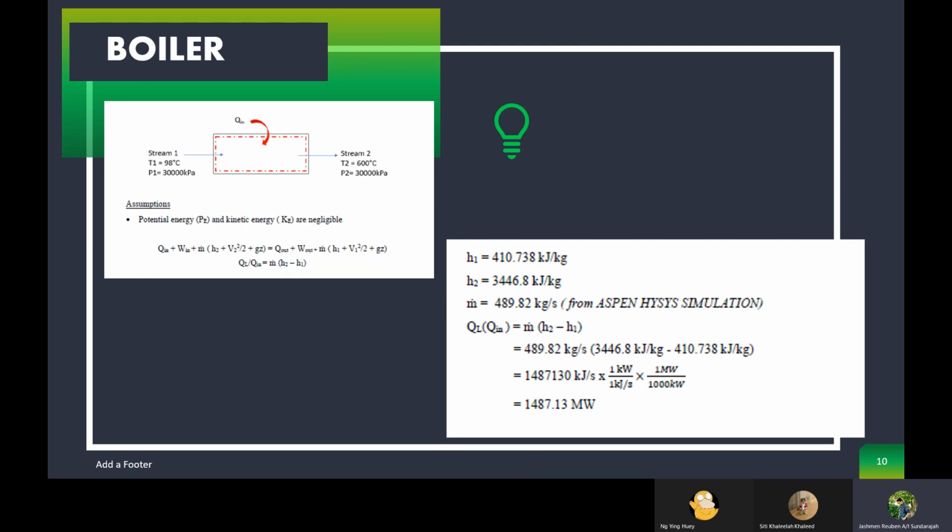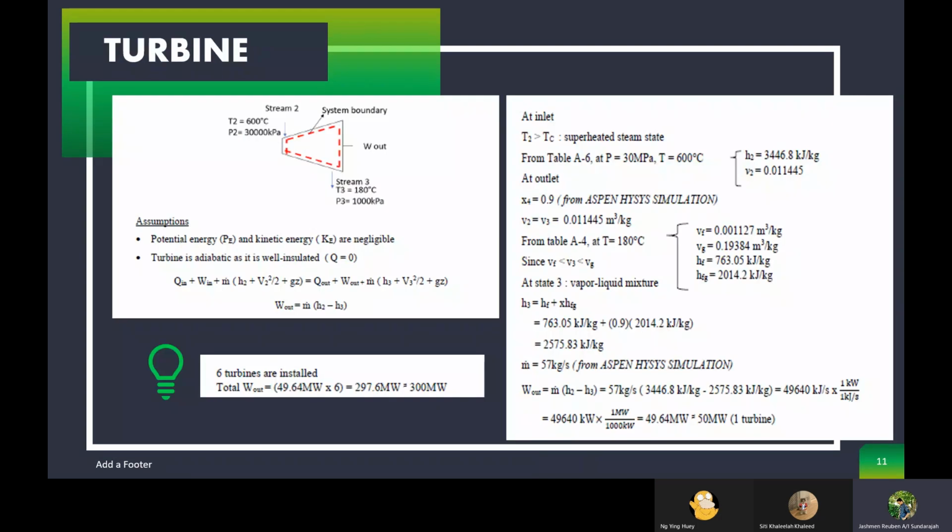Moving on to the turbine. The turbine analysis is only made for one turbine for the manual calculation. In the turbine, the superheated steam from the boiler undergoes isentropic expansion, and the entropy of the steam remains constant. At this point, the turbine is assumed to have negligible kinetic energy and also potential energy.